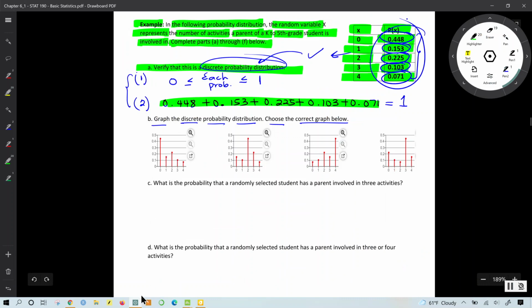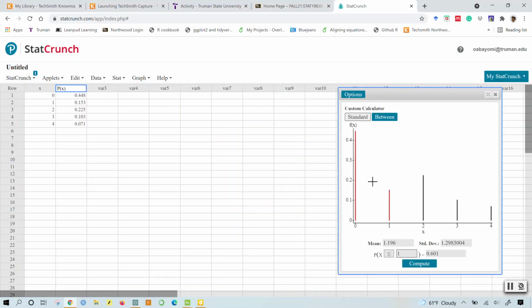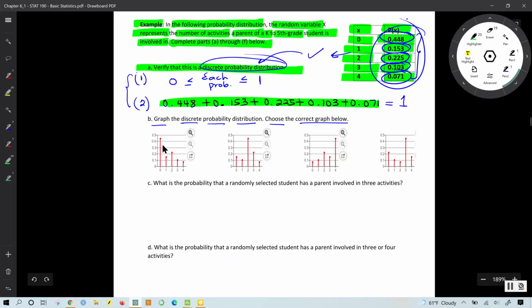The first one, does it look anything like this? I would argue I see the tall, and then there's a ridge, and then a rise, and then a fall. It appears that the first one, the fall, the rise, then the fall, is the one that meets the description of the graph we just drew. So my graph here would definitely be this first one.